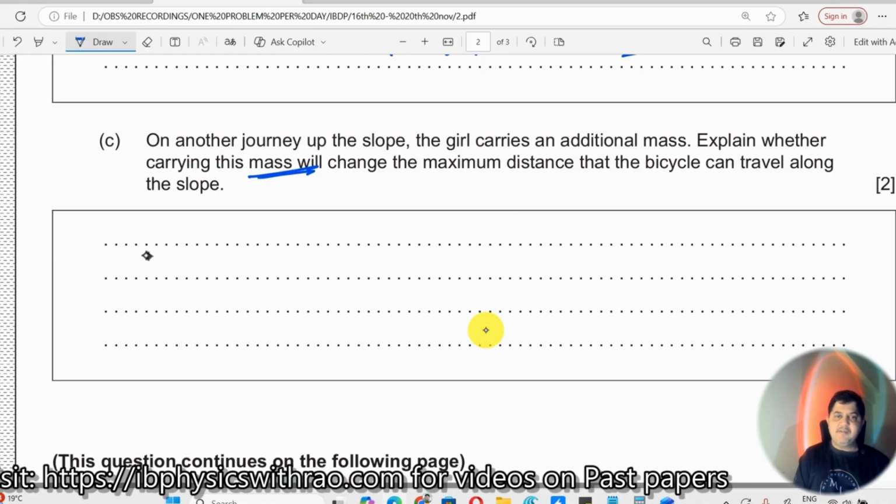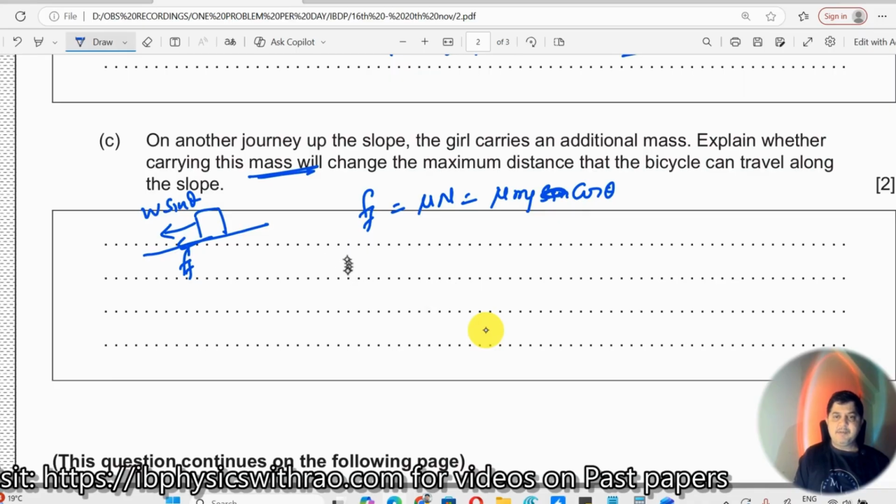So when you have a slope like this, there was one force due to the weight, which was W sine theta. The other is due to friction. Friction also gets changed, because friction is mu times N, which would be mu times mg cos theta.